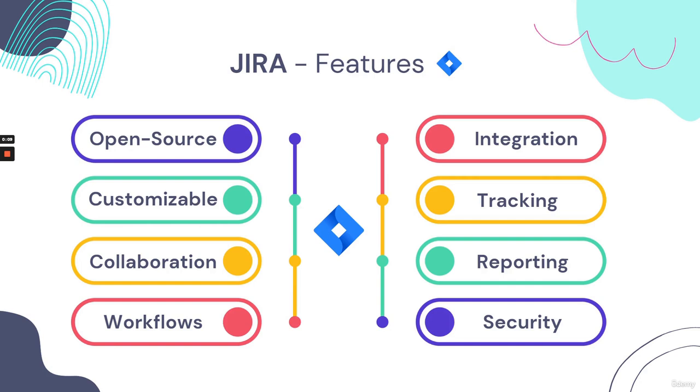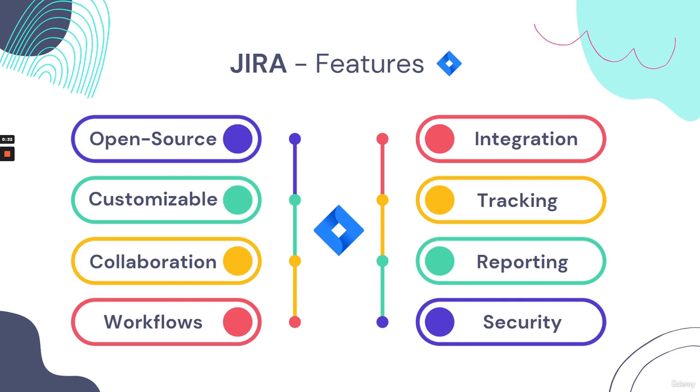JIRA is open source, which means that it can be used by anyone for free. Although there are paid applications or versions of JIRA for businesses and organizations, most of its components or features can be implemented for free.